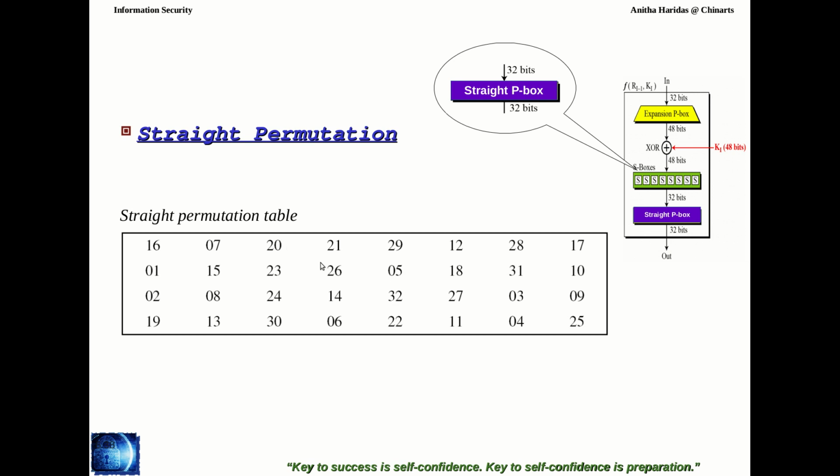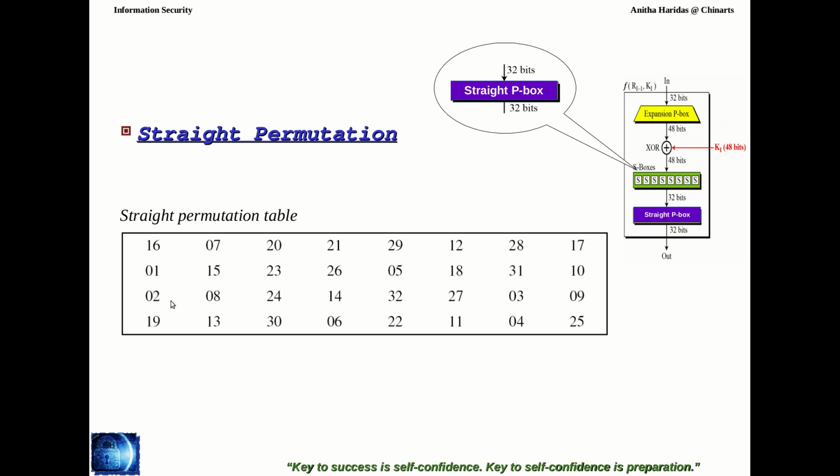The input-output relationship for this operation is shown in this particular table. For example, the 7th bit of the input becomes the 2nd bit of the output. The 12th bit of the input becomes the 6th bit of the output.